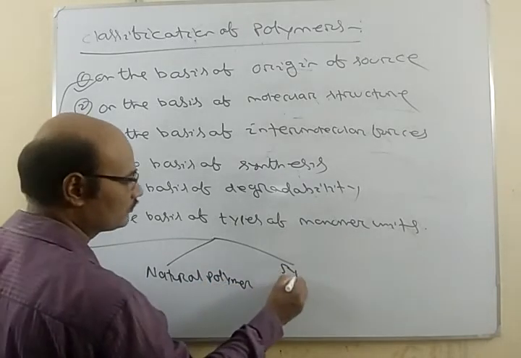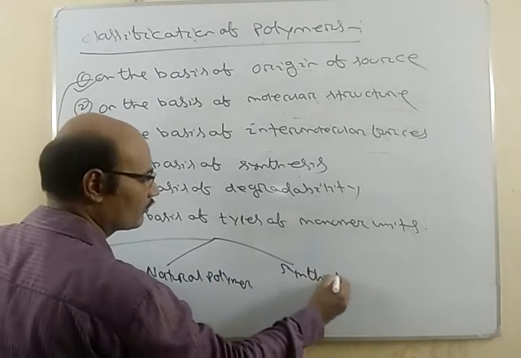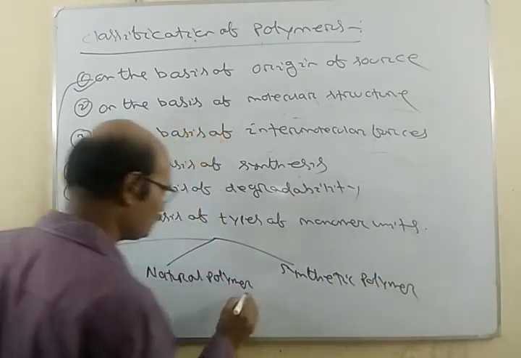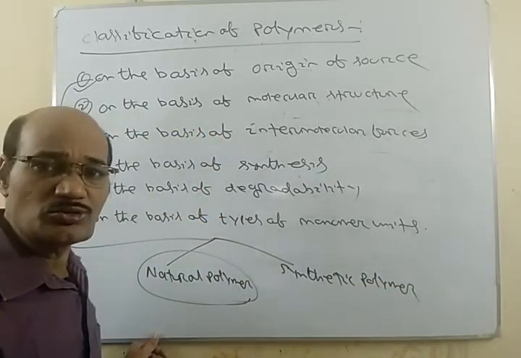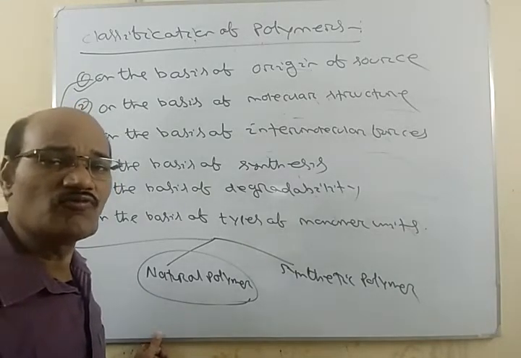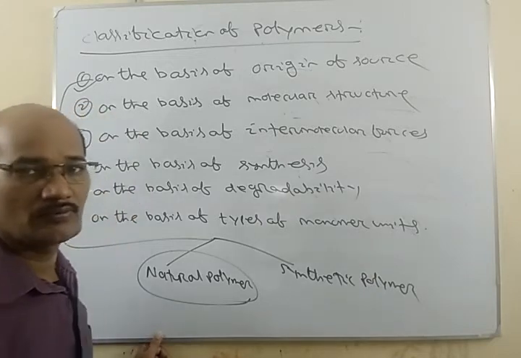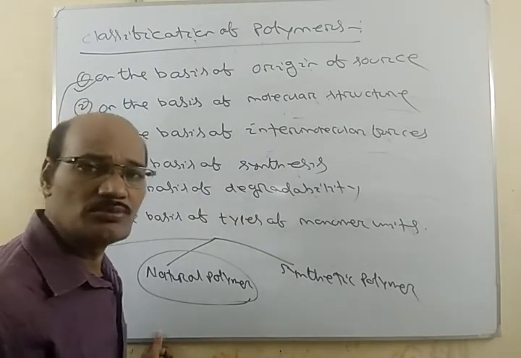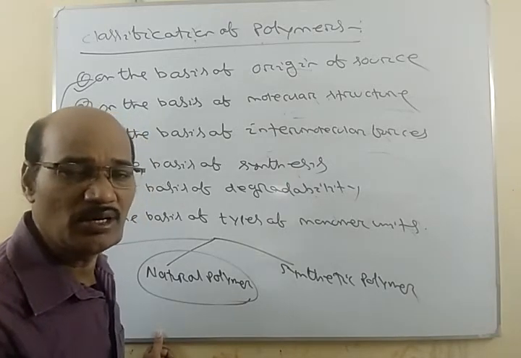So natural polymer is what? The polymers which we find in nature. That means basically these are the polymers which we are finding in the animal and plant.